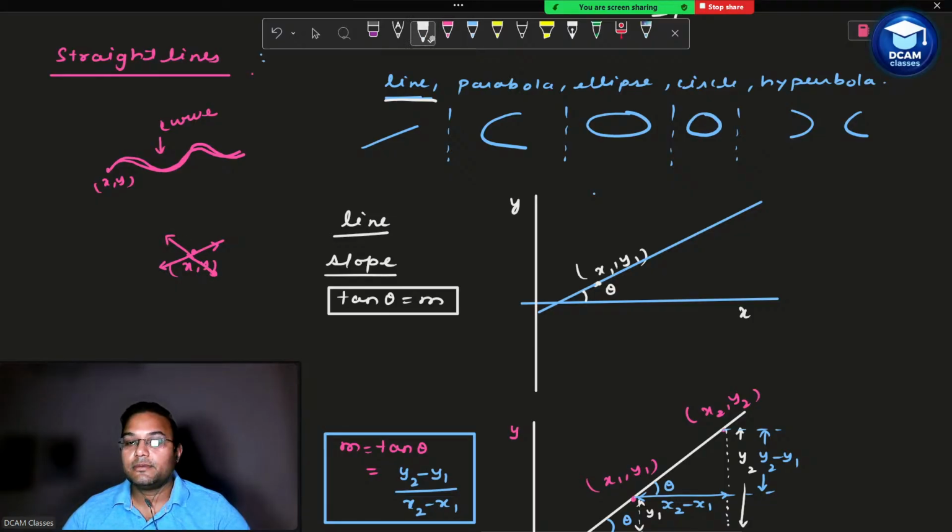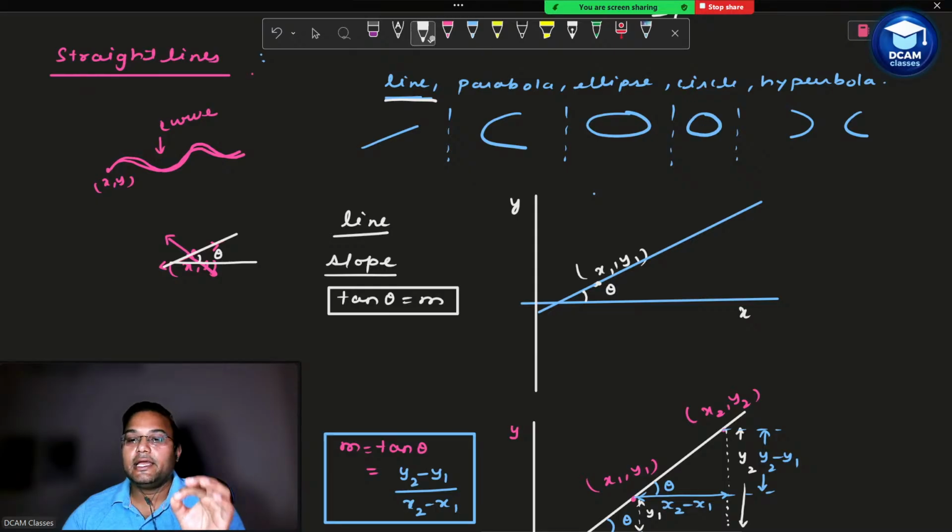There is no restriction. But I want a straight line making a particular angle. So you will move this point along a line only, so that this line makes a particular angle theta. So a line is defined on the basis of the angle it makes, the angle at which the point moves along the line.